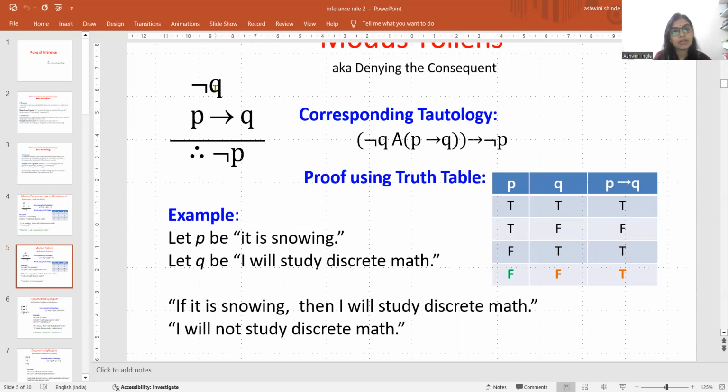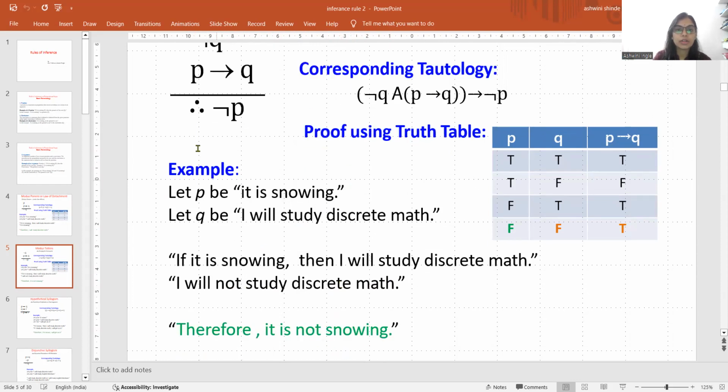But here you declared you will not study discrete math. Obviously, your conclusion becomes: it is not snowing. That's your conclusion. The corresponding tautology: negation Q, and if P then Q, then negation P.